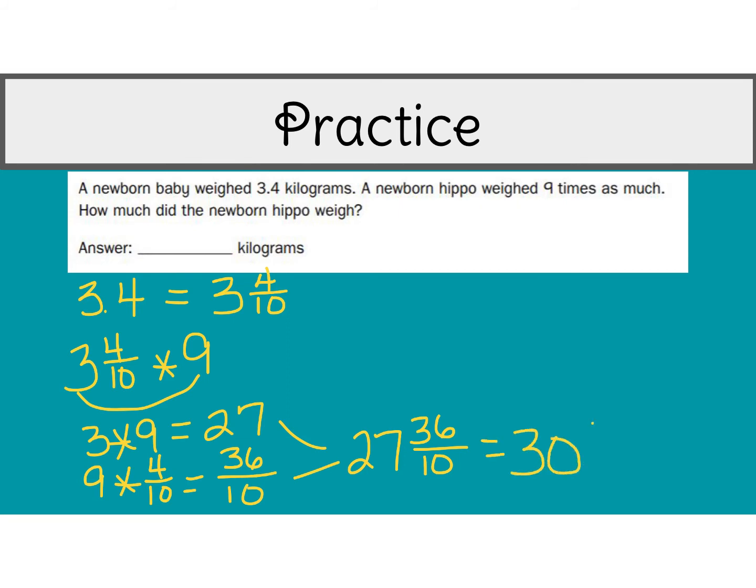And then we have the 6/10 left over. So now we have a mixed number as our answer, but we're going to convert that back to a decimal. So that's going to turn into 30 6/10. And so then we are able to fill that in as 30 6/10 kilograms.